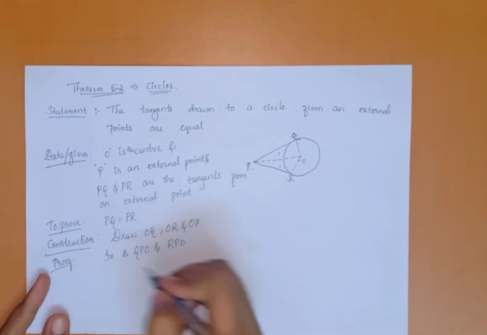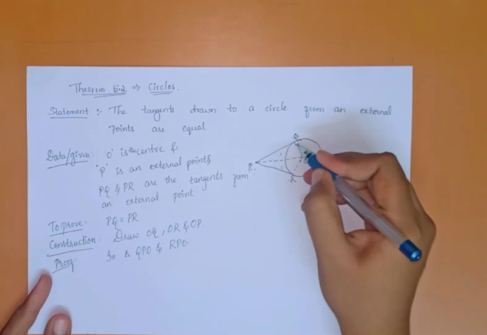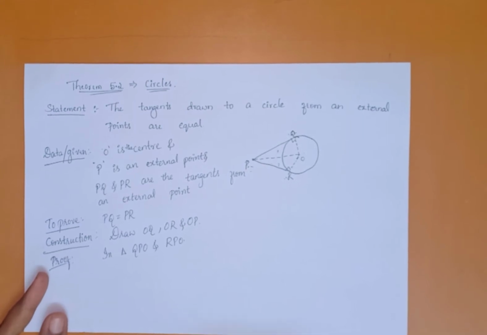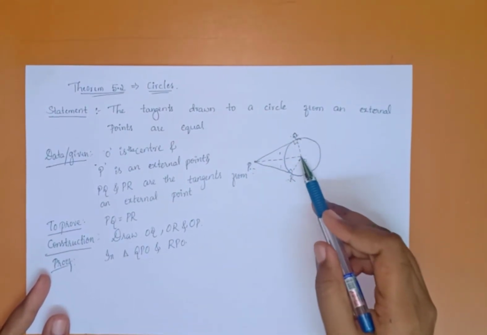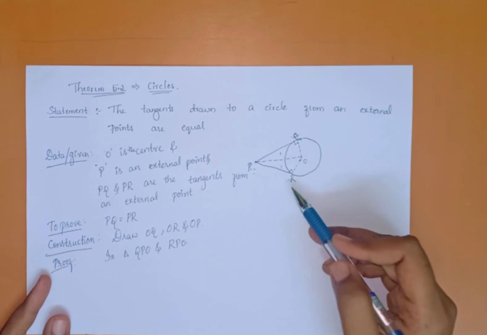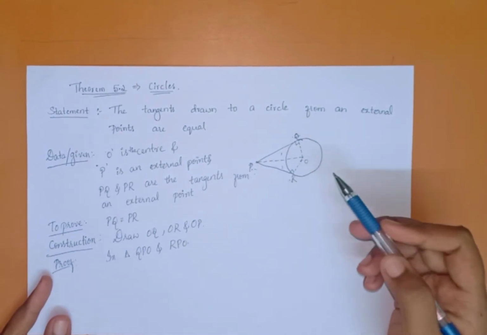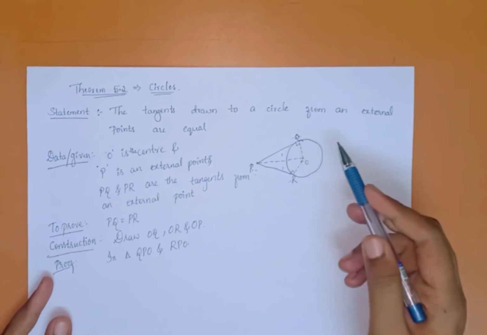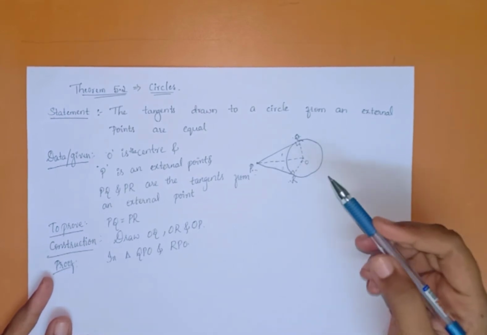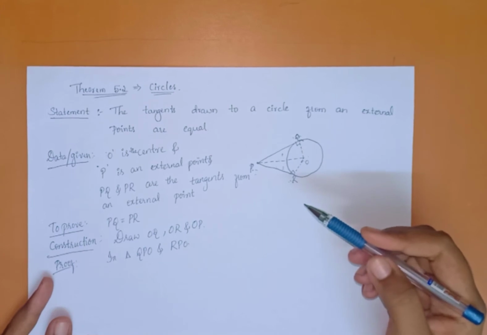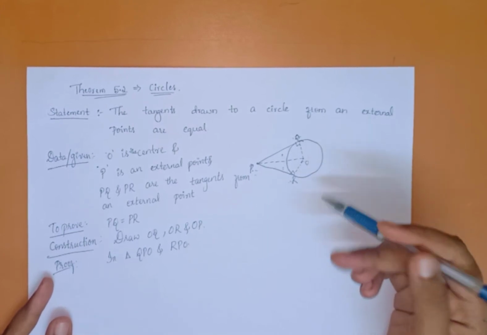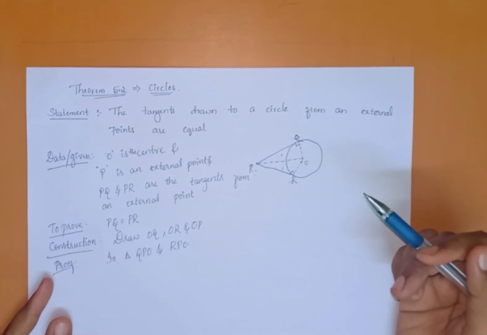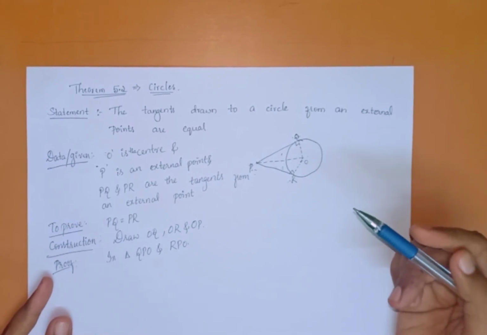In these two triangles, the tangent will form a 90-degree angle because it's perpendicular to the circle, and we have OQ equal to OR because they are radii of the same circle. In one circle we can draw many radii, so they are equal to each other. We can't call them radiuses; we need to call them radii because we have two. If we have only one, we can call it a radius.